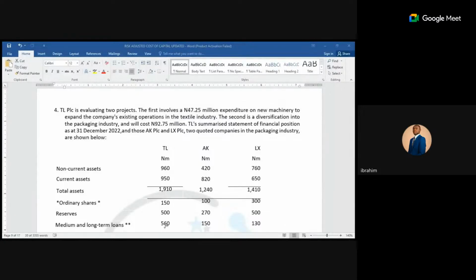If you are diversifying, it is into another line of business. This is not diversification. This is expansion, which means that the company's level of risk will still remain the same, because it is just expansion of business.